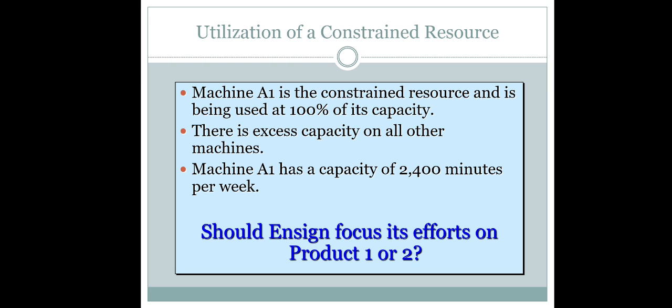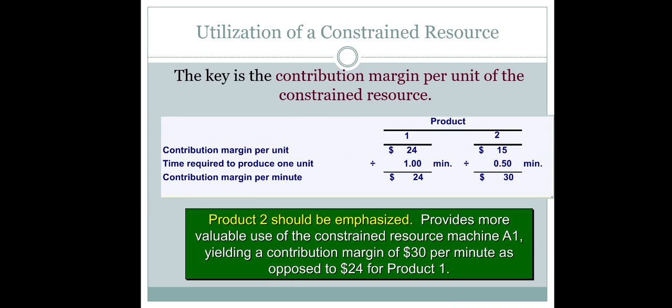And after that, if there is a balance of machine minutes, the balance can be used to produce product 2. Why? Because product 1 has the higher contribution margin per unit. That is the likely answer if you do not do an analysis. So let's see how to do an analysis and make this decision.